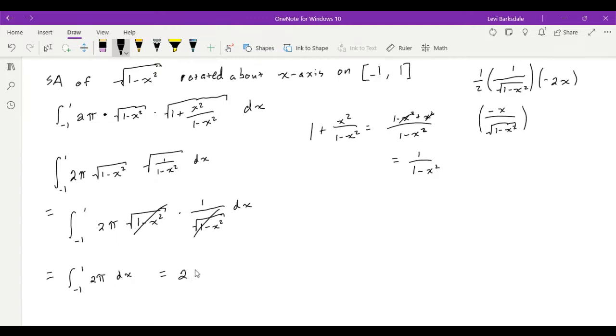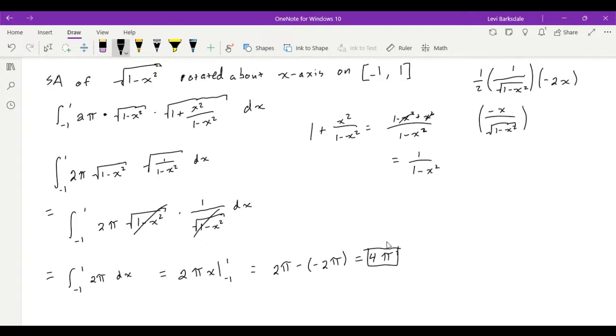And this integral is simply 2 pi x evaluated from negative 1 to positive 1. And that is 2 pi minus negative 2 pi, or 4 pi. All right, so that is our final answer.